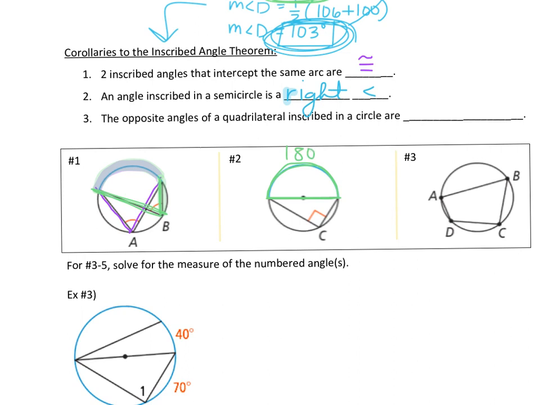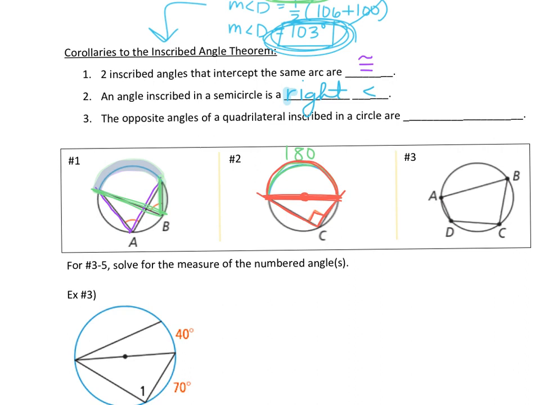Well, my inscribed angle opens up to that arc. So if that's 180, the angle has to be half as much, so the angle would be 90. So whenever you see a semicircle, right, diameters are huge. Whenever you see a diameter, you know you have a 180-degree arc, which means if you have an angle inscribed in that, it's going to be 90.